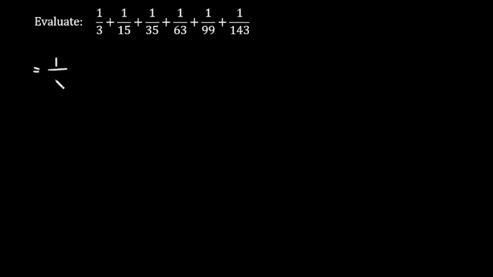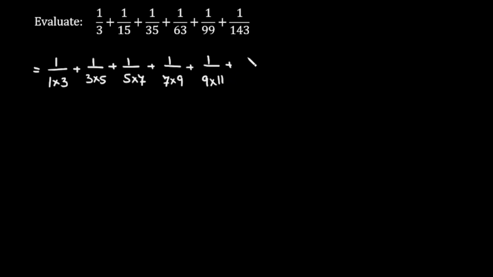So if I write this expression as 1 over 1 times 3 plus 1 over 3 times 5 plus 1 over 5 times 7 plus 1 over 7 times 9 plus 1 over 9 times 11 plus 1 over 11 times 13.